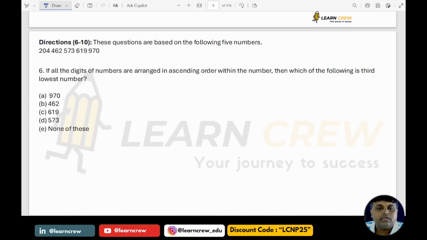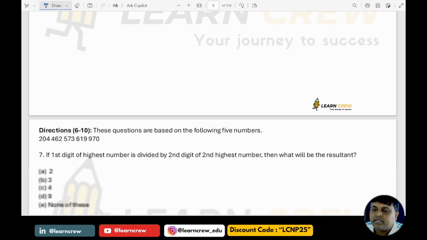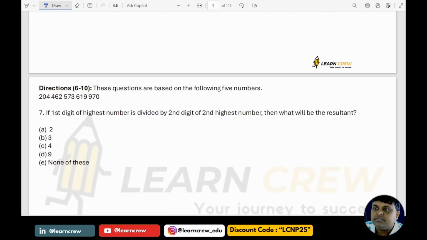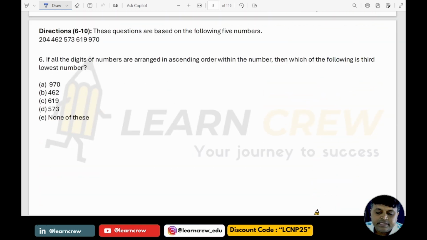Now, a series of numbers is given. If all the digits of the numbers are arranged in ascending order within the number, then which of the following is the third number? When they are arranged in ascending order, 204 becomes 024, and next 246, next 357, next 169, next 079.